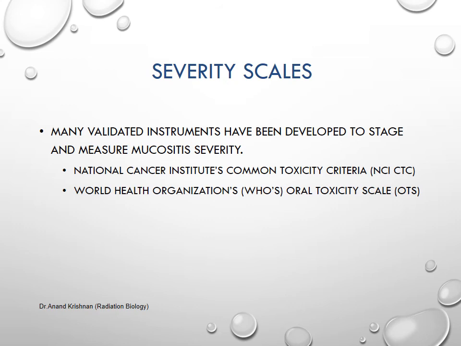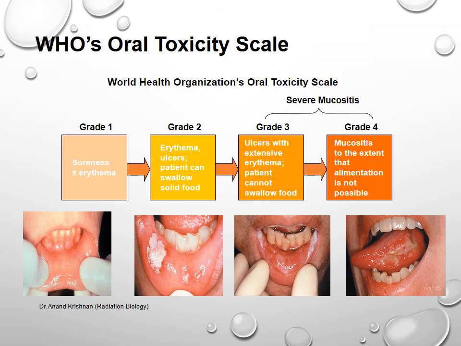In severity scales, many validated instruments have been developed to stage and measure mucositis severity. One is given by the National Cancer Institute's Common Toxicity criteria and the World Health Organization's Oral Toxicity Scale. The one we frequently follow for clinical grading of mucositis is the WHO's Oral Toxicity Scale, in which grade 1 has soreness and erythema, and grade 2 has erythema and ulcers, but the patient can still swallow solid food.